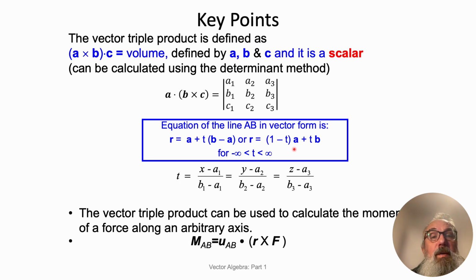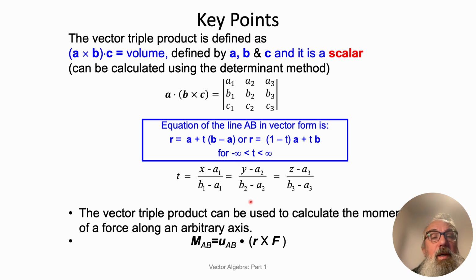The equation of a line in vector form is r equals a plus t(b minus a), or we often rearrange it to be r equals (1 minus t)a plus tb, and t goes from 0 to infinity, so r represents a vector to every point on the line.